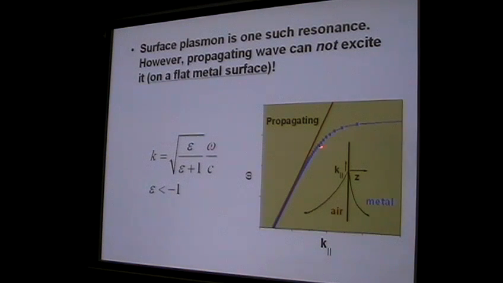Unfortunately, for a surface plasmon, its k vector is always larger than the propagating wave k vector, the omega over c line. So that's why usually we claim that a propagating wave or a plane wave can never excite a surface plasmon on a flat metal surface. So you cannot excite this surface plasmon resonance naively.